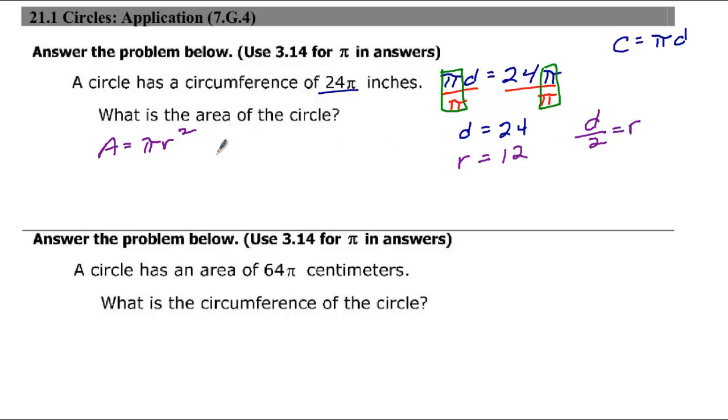Now I can bring that over to this problem, and I have 3.14 times 12 squared, which is 3.14 times 144. And I'll get out my handy-dandy calculator.